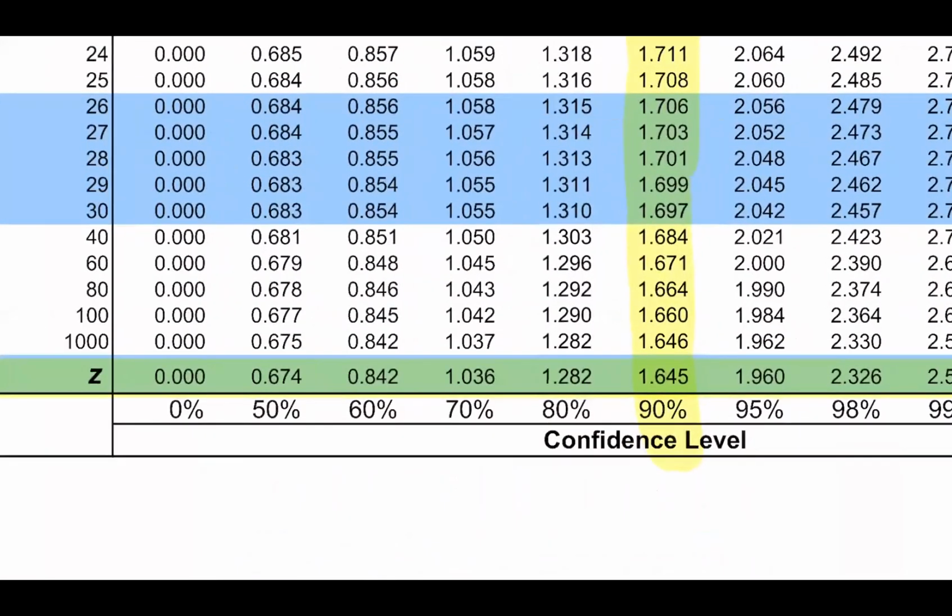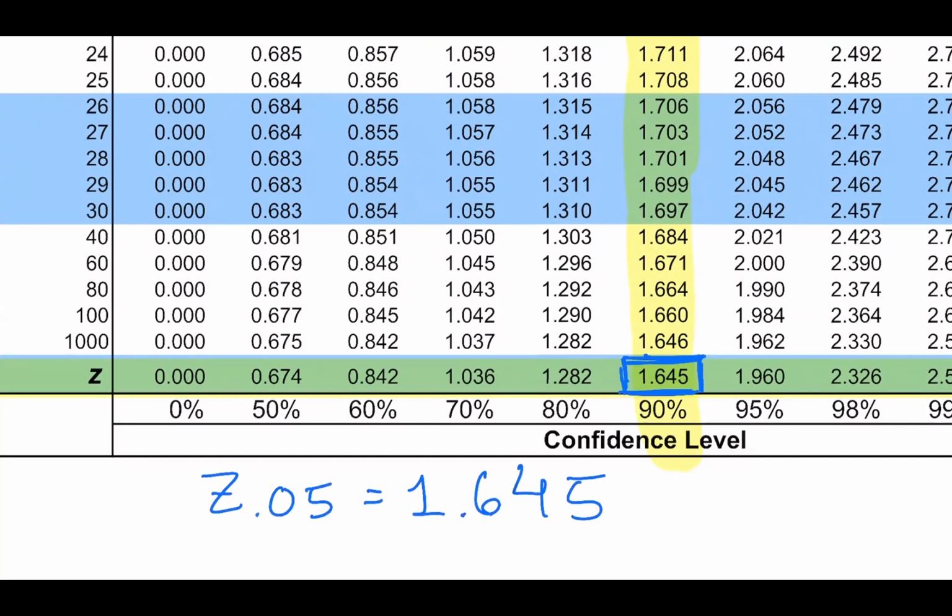So if you look at where do they intersect, it intercepts here. So we'll say Z of 0.05 is equal to 1.645. And that's how you find the answer. Any question on how I found 1.645?